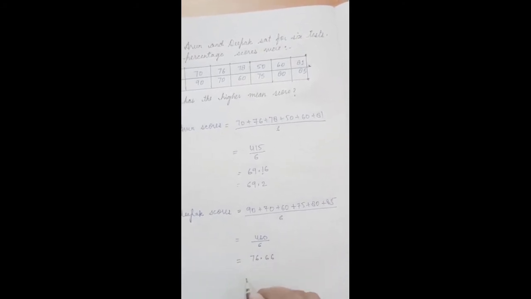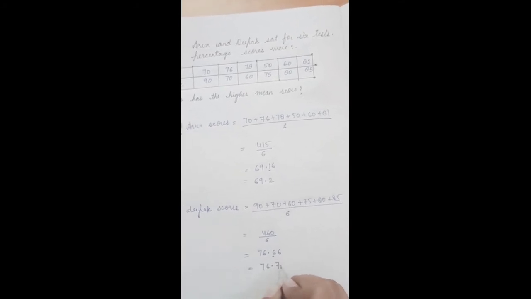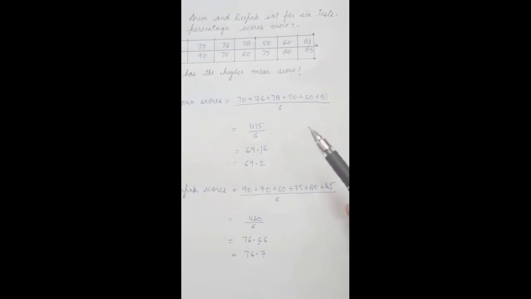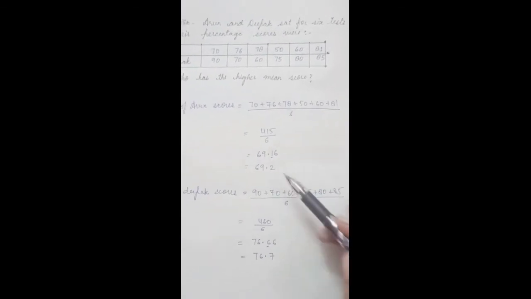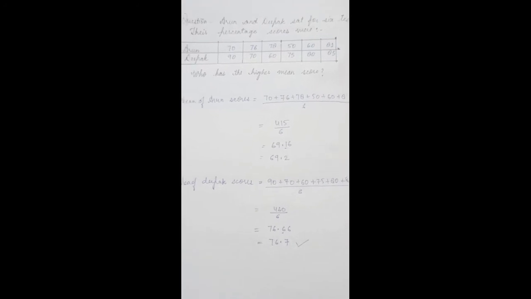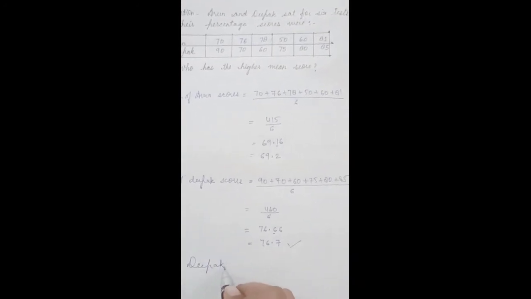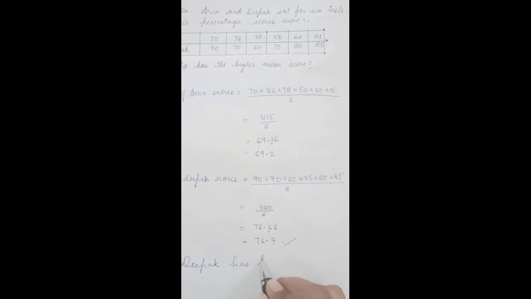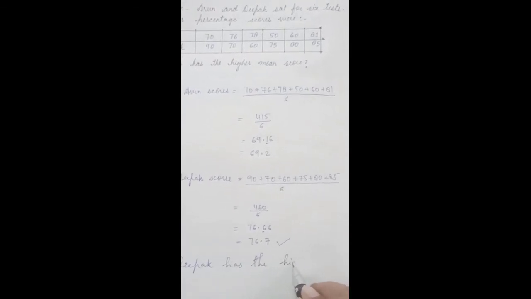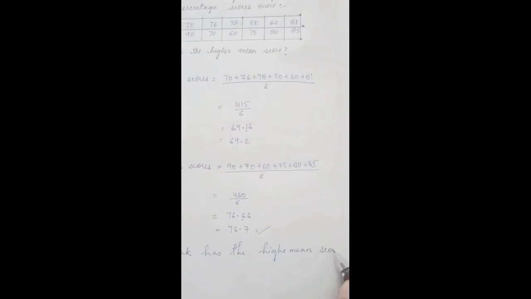Now round off to one decimal place, you will get 76.7. Now see which one is greater, this or this. This one is greater, it means who has the higher mean score? Deepak has the higher mean score. Understood?